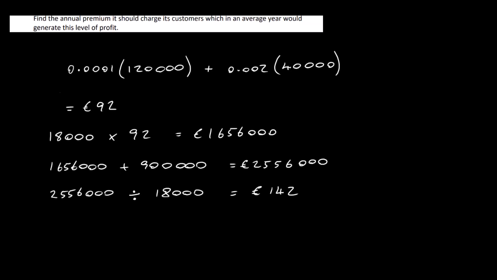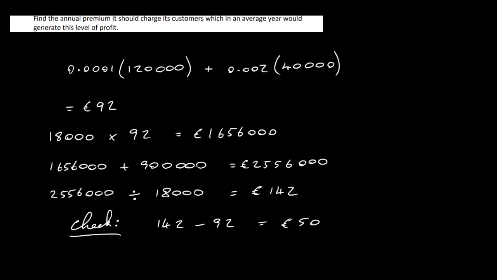Now you can check that if you want. If you take the 142 euros, subtract the 92 euros, which on average you would expect each customer to be paid. That's the expected value to be paid out. You get 50 euros.